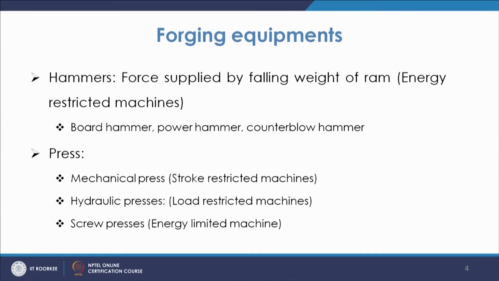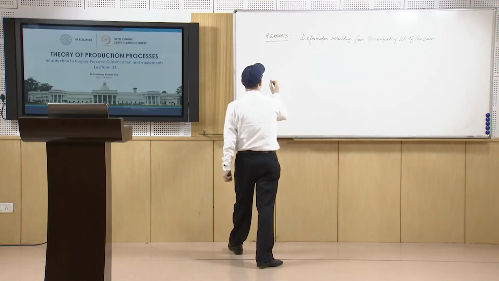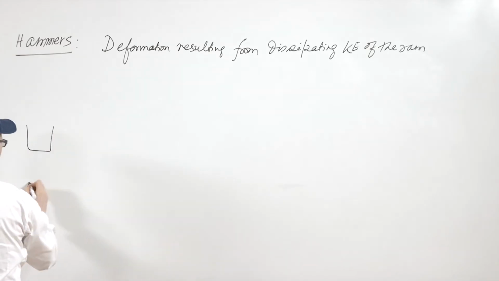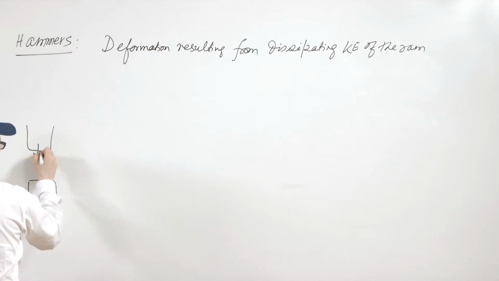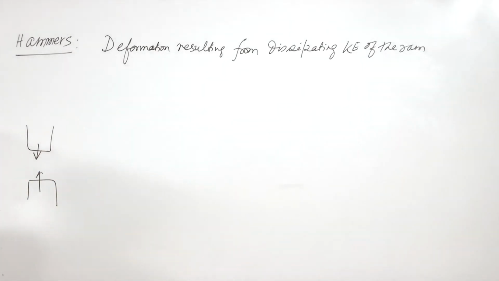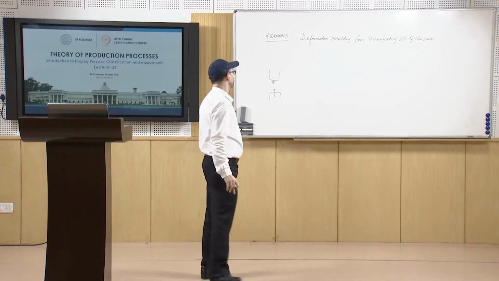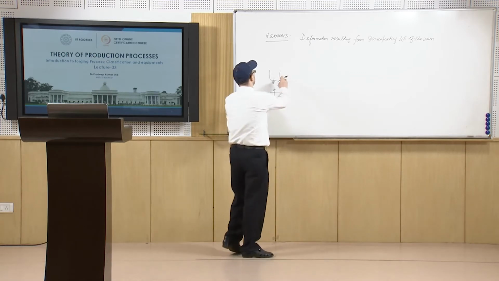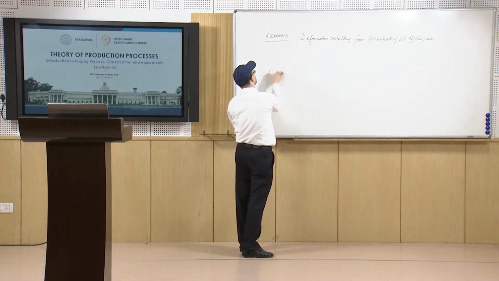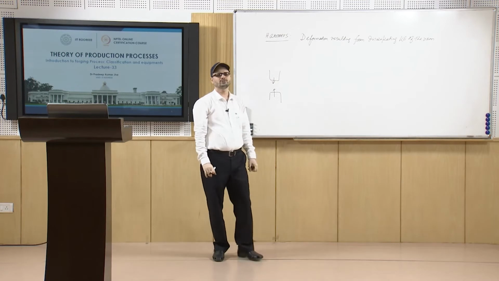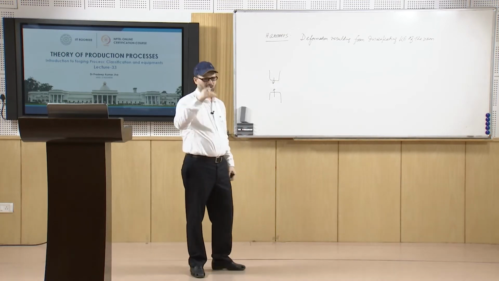In the case of the counter blow hammer, you have rams on both sides, and both are moving. In the normal case of the board hammer and power hammer, the bottom die is fixed, and the ram is attached and goes up and down.